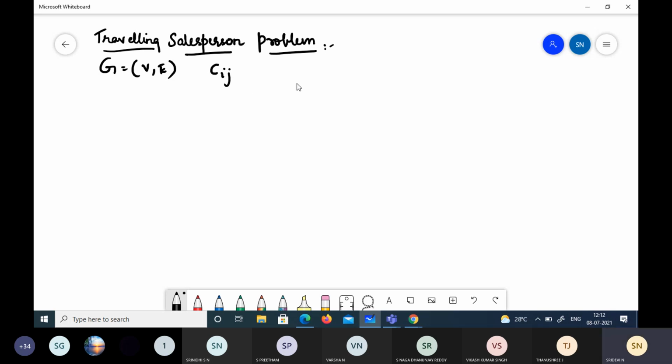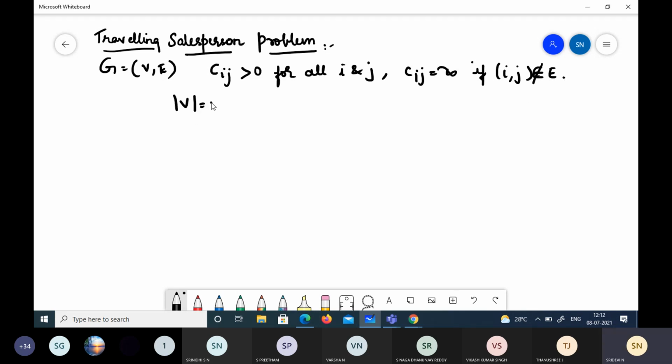Okay, and this C of ij is greater than 0 for all i and j, and it will be infinity if that particular edge does not belong to the set of edges, and the number of vertices is n, and you should have more than one vertex in the graph.